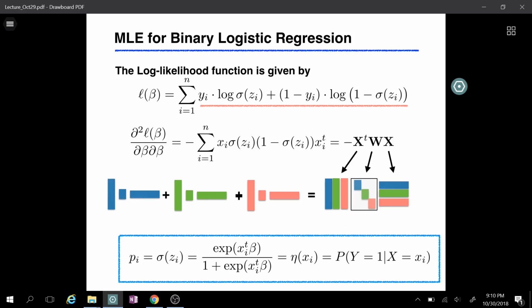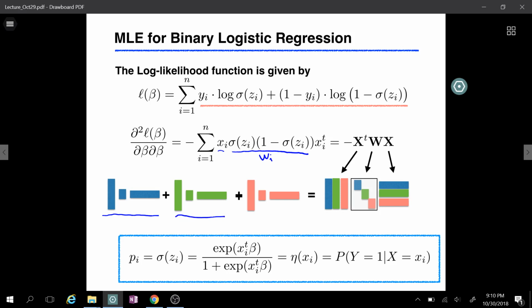Now, what is the second derivative? The second derivative is minus the sum of a column vector times a number. I'm going to call pi times 1 minus pi a number, wi. And then times a row vector of xi. So you can think about this as x1, a column vector, times a number w1, times the row vector x1 transpose.